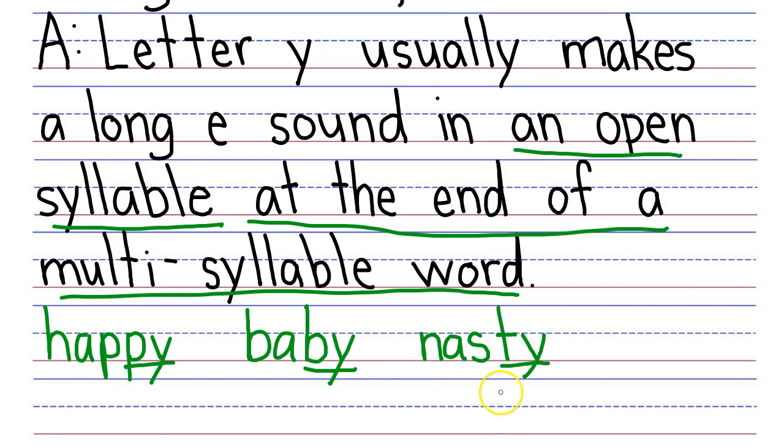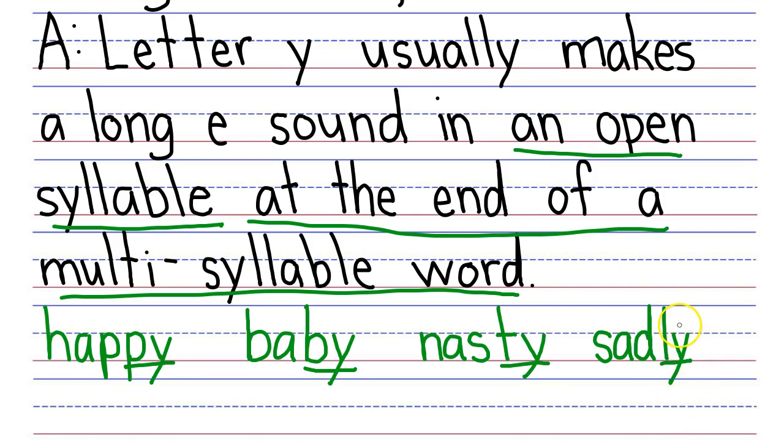Next word, sadly. First syllable, sad, is a closed syllable word because it ends with a consonant, which means the A makes its short A sound, A, S, A, D. Second syllable, li. L-Y, Y says a long E sound, E. Here's that syllable.